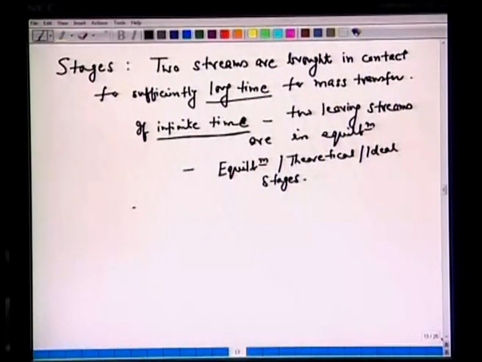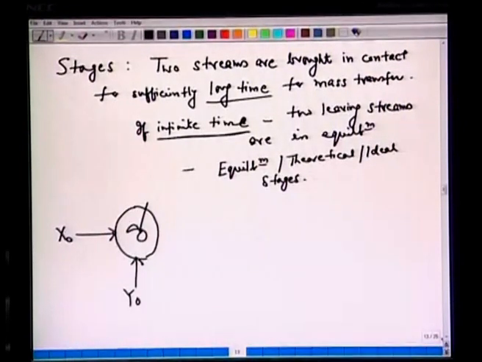So, we are talking of a device like this, where one stream is brought in contact with another stream. This has mole fraction x0, and this has mole fraction y0. Here they are uniformly mixed, and when they leave they have the mole fractions x1 and y1.